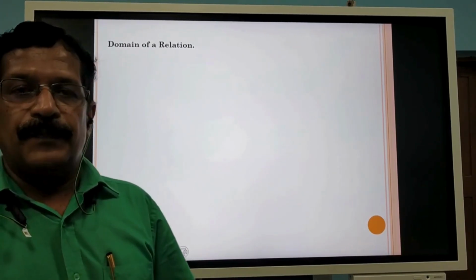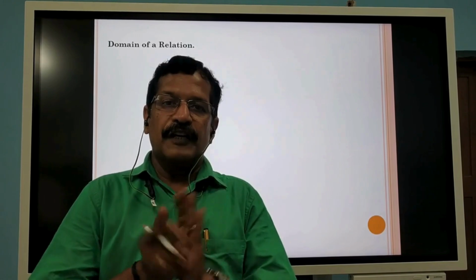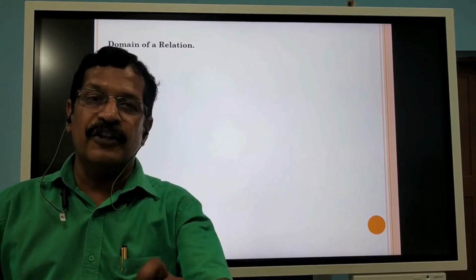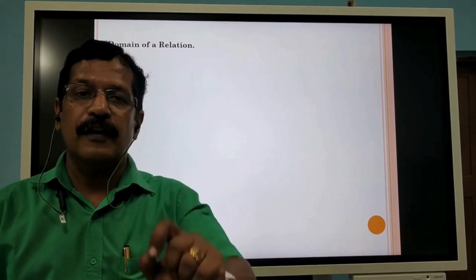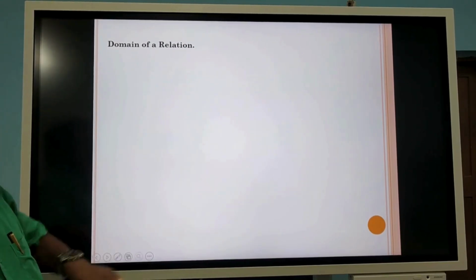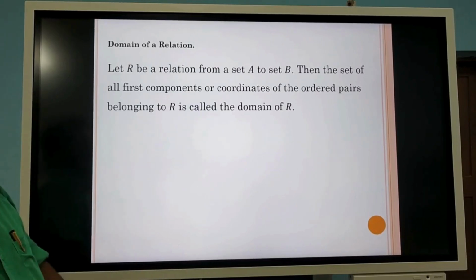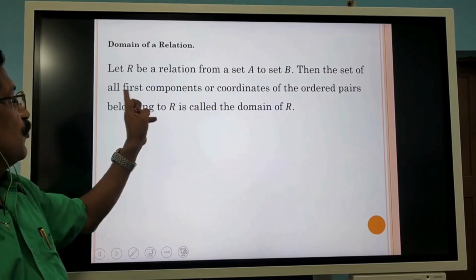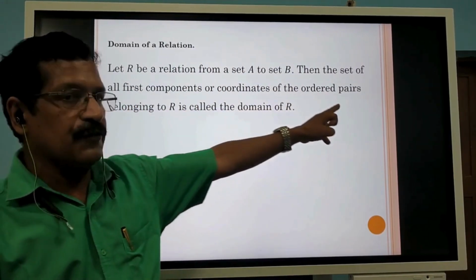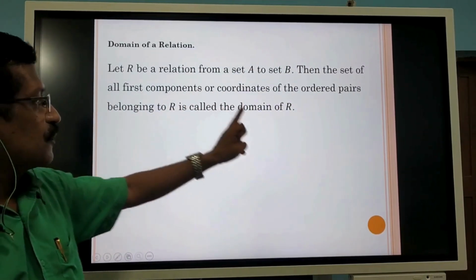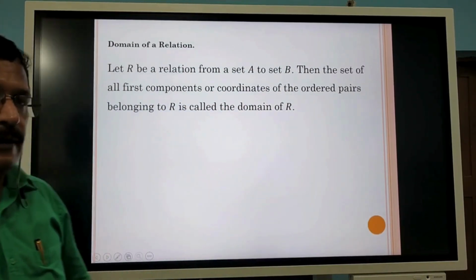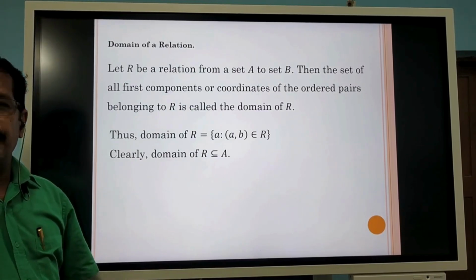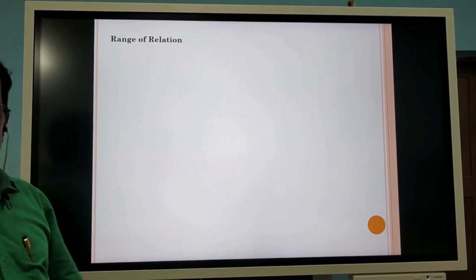Domain of a relation. The domain of a relation is the set of all first components of the ordered pairs in the relation R. That is, let R be a relation from set A to set B. Then the set of all first components or coordinates of ordered pairs belonging to R is called the domain of R. Clearly, domain of R is a subset of A. Now, range of a relation.